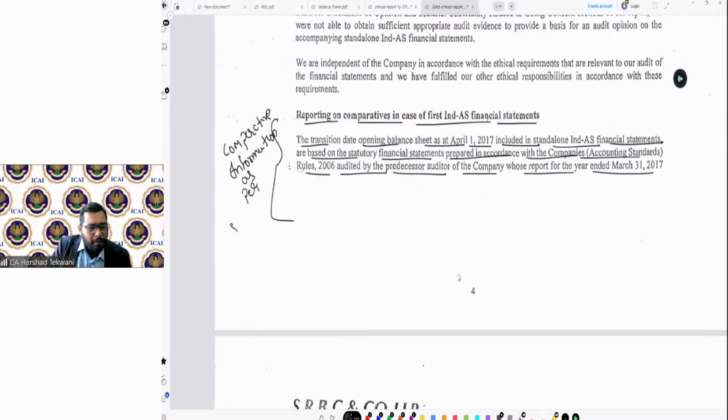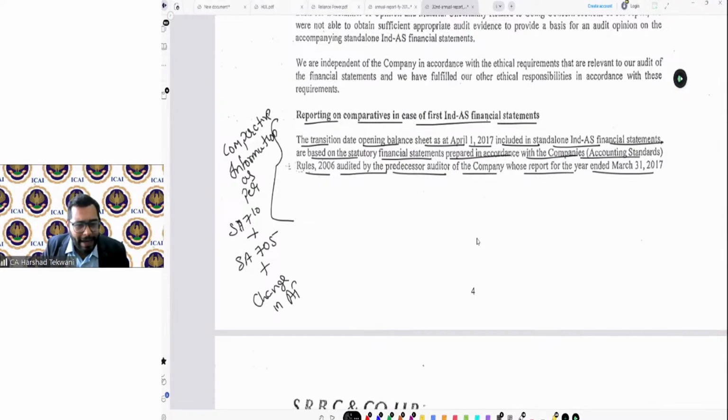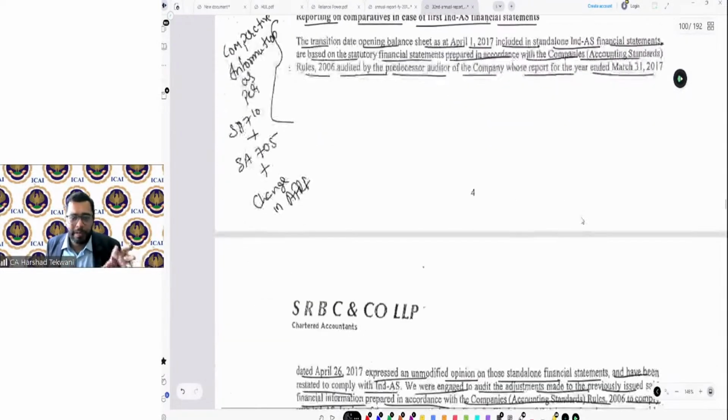As per SA 710, plus I have an impact on my opinion because of disclaimer of opinion. Plus there was another auditor at that particular point in time. Plus there's a change in applicable financial reporting framework. So there are a lot of things together in a single event, and that's why you see this paragraph over here.